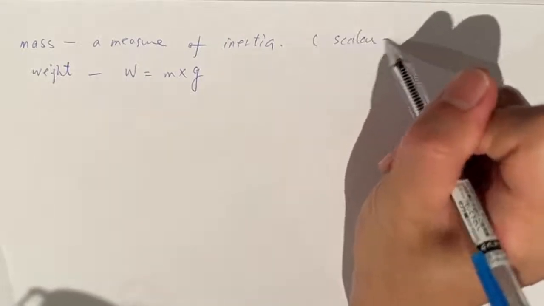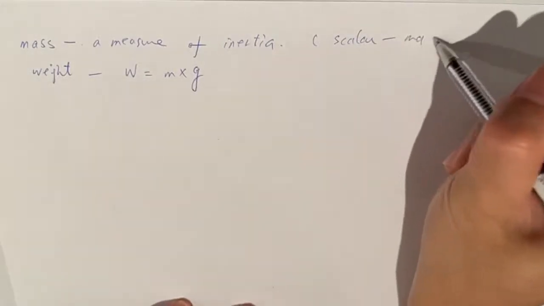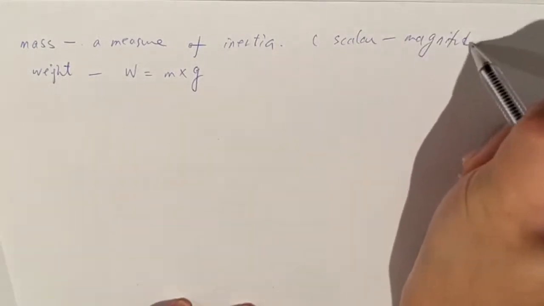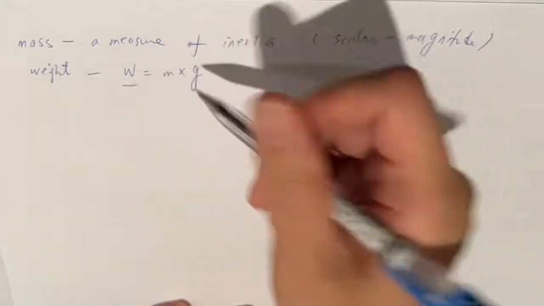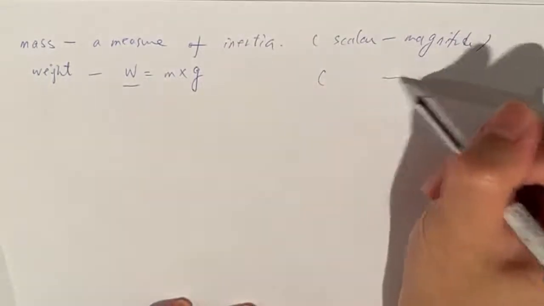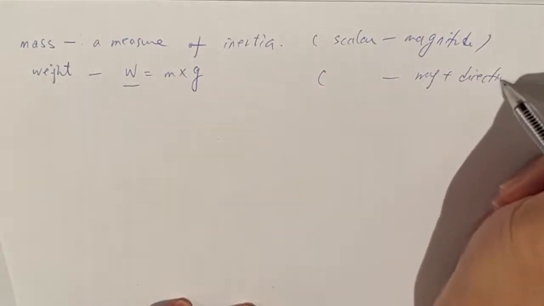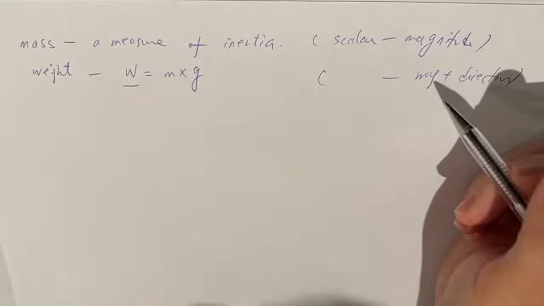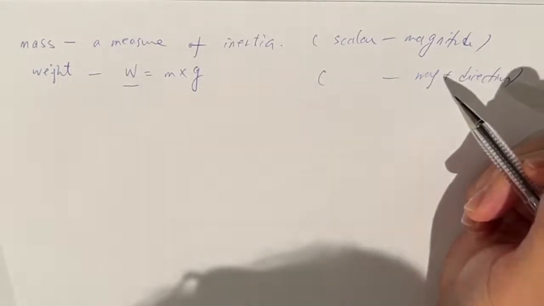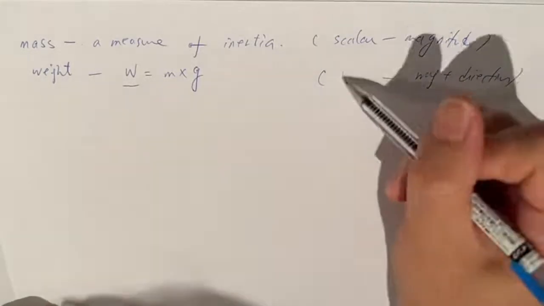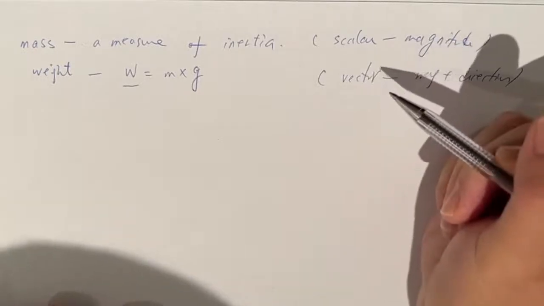It has only magnitude. And for this one, it is a force, so besides magnitude, it has direction. All students should know this very basic idea of scalar quantities and vector quantities, right?